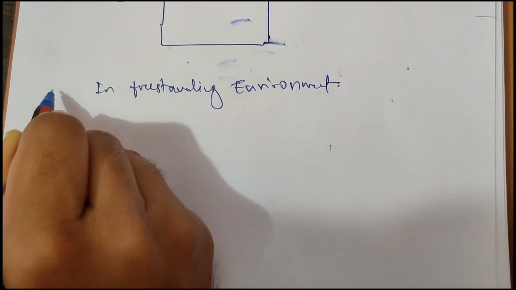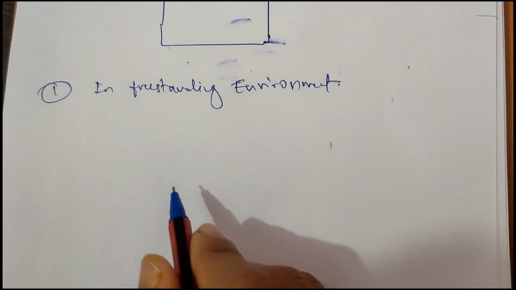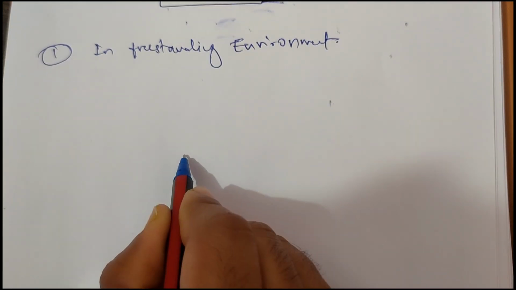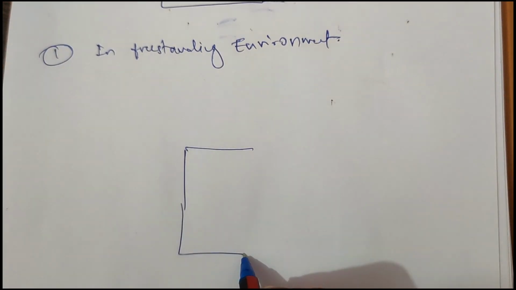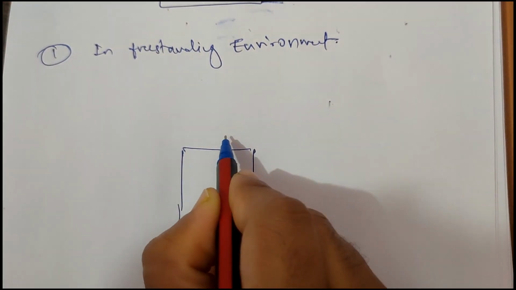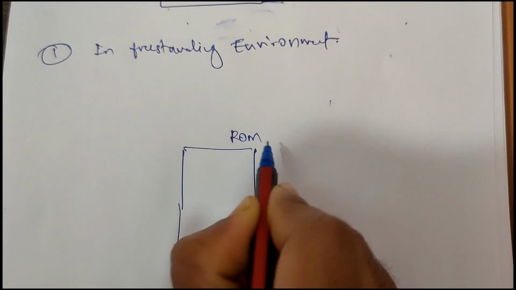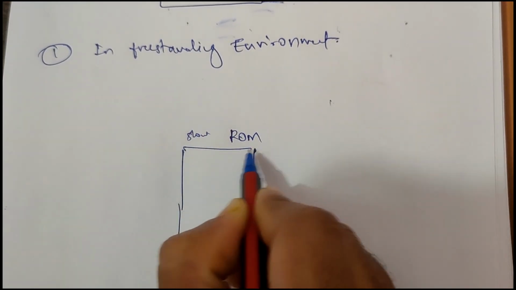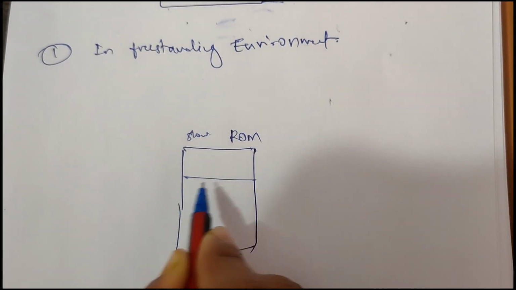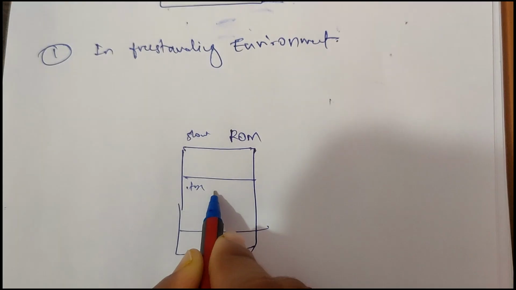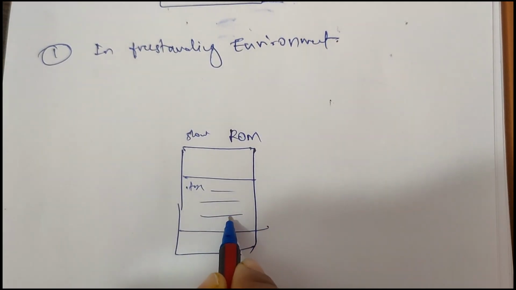Here I have my ROM, slow ROM. Here I have the text section, here I have my code.